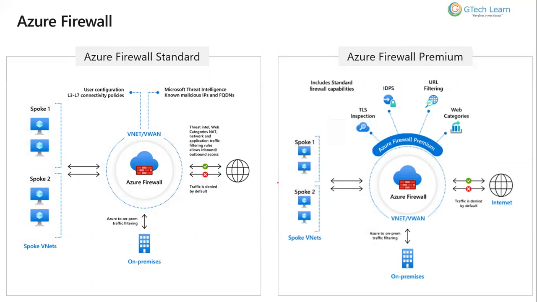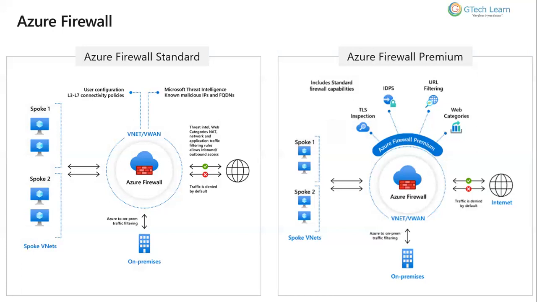Among its features, we can maintain high availability, because it is a managed service. We can also create different network traffic filtering rules, such as network rules and internet application access rules.